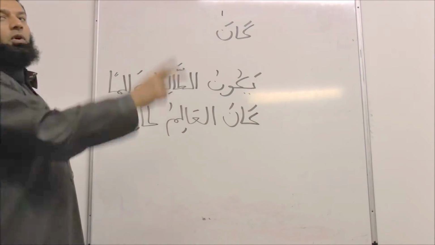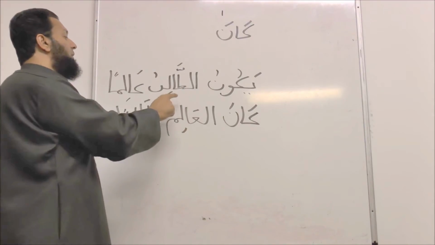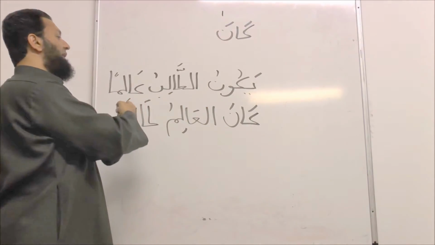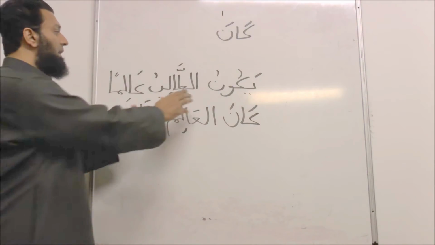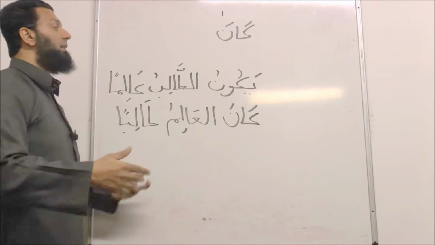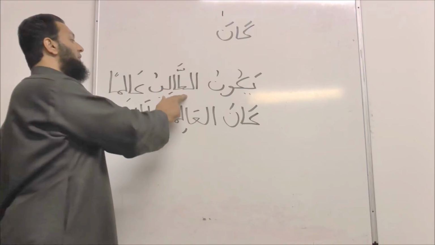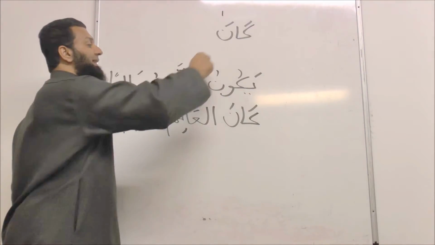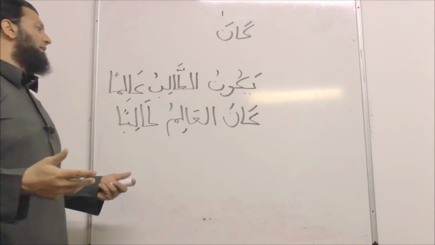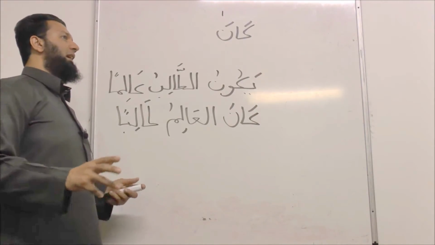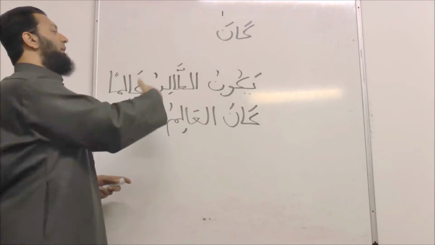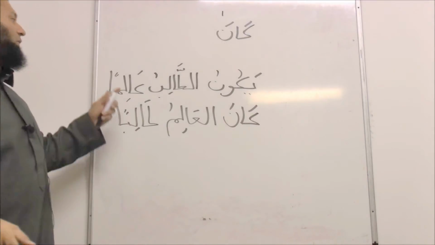But if we're talking now about at-talibu, the student, yakunu will be aliman, then can you see how yakunu was being used here? It doesn't literally mean at-talibu, the student is an alim, right? Because we wouldn't necessarily want to say that in this context. And how few students are actually ulama.